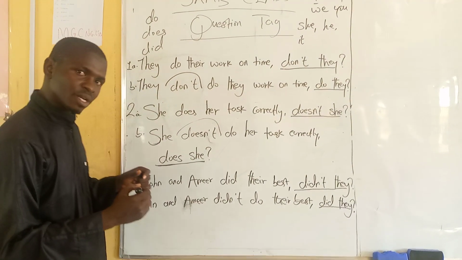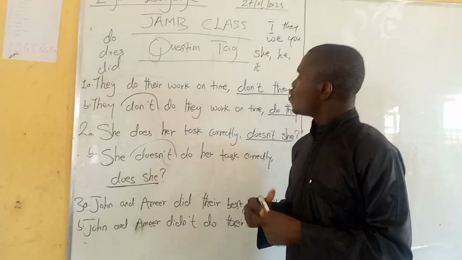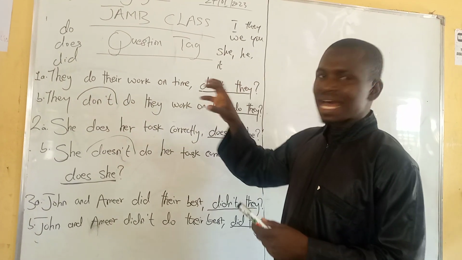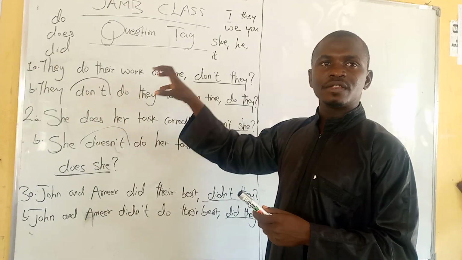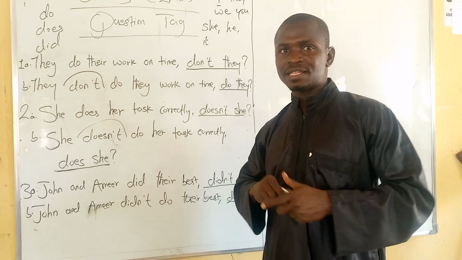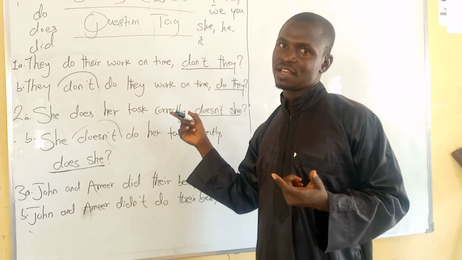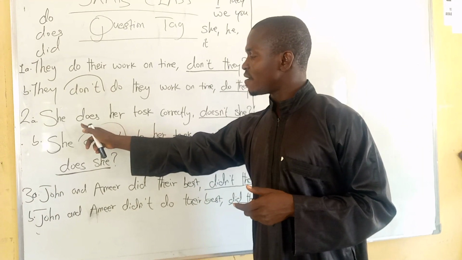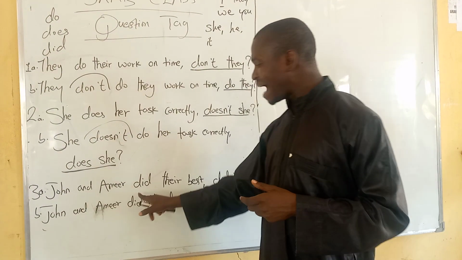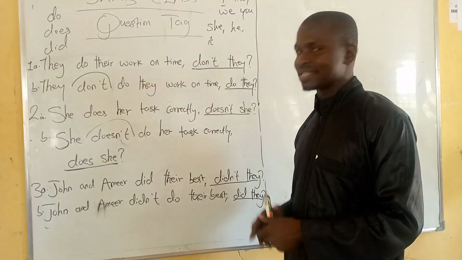Did they? So, of importance to understand is, we must always look at the tense. If the verb in the statement is in the present, the verb in the question must be in the present. If the verb in the statement is in the past, the aspect of question must be in the past.